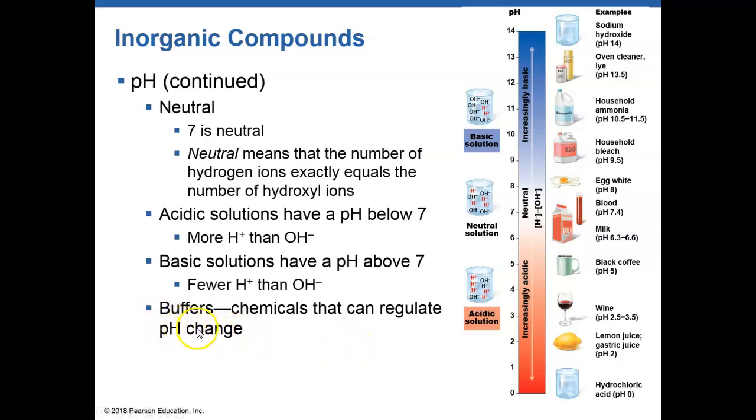And so we have buffers. Buffers work to maintain the pH. So whereas a neutralizer is going to bring the pH to a neutral number, a buffer maintains the pH wherever it's supposed to be. And so we have a lot of different buffer systems in place in our blood that help to maintain blood pH at 7.4, or between 7.35 and 7.45.